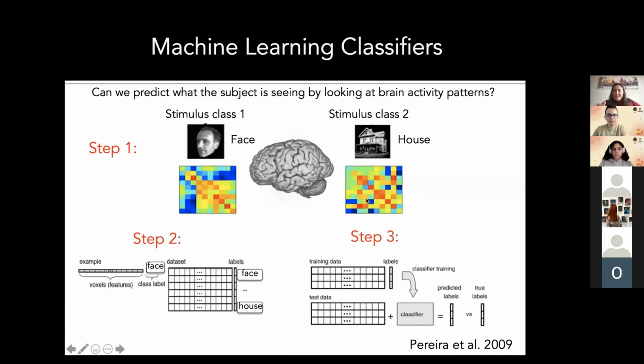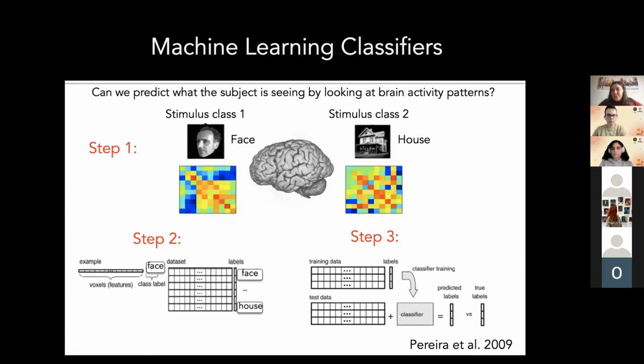In the third step, you divide your data into training data and test data. In the training phase, you train a model and teach it what face activity looks like and what house activity looks like. Then with your test data, you do not give the labels, but rather just the feature vectors, meaning some kind of brain activity.